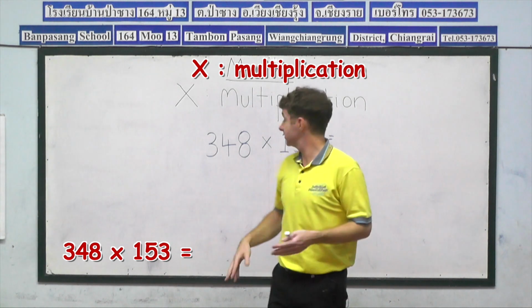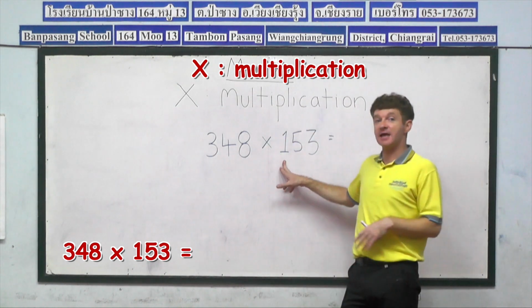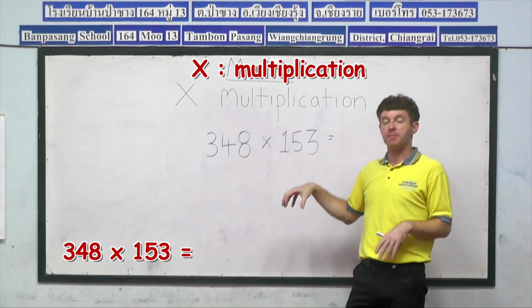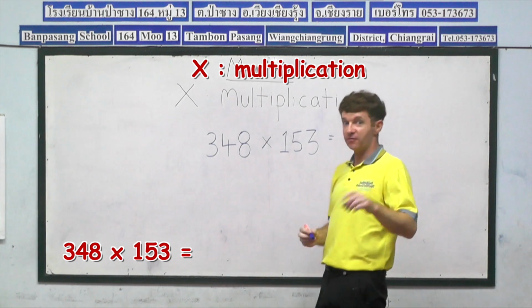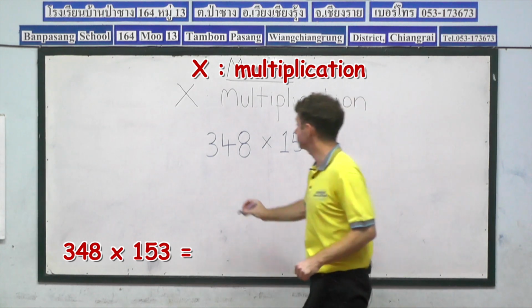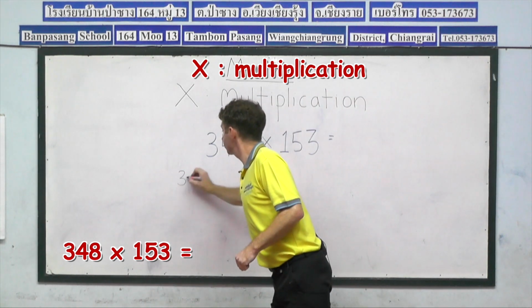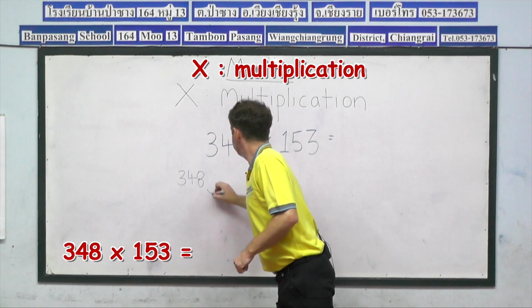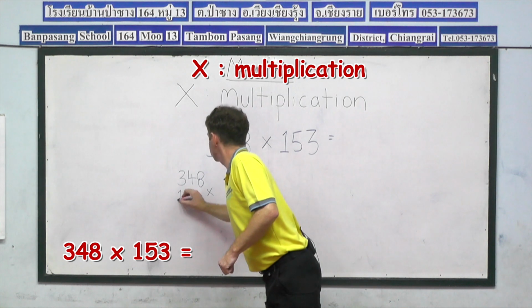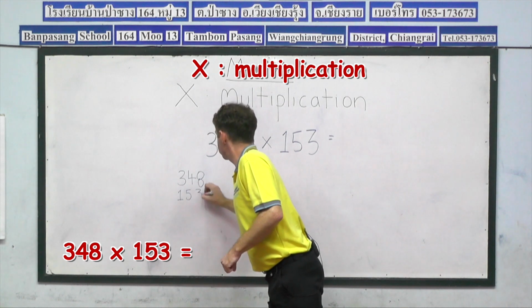All it means, because we have 3 digits instead of 2, it's one more step. So at the end, we'll have 3 numbers to add together. But first of all, I need to organize. So 348 multiplied by 153.